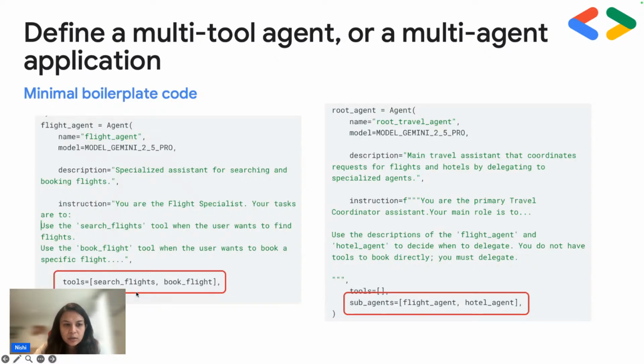Like you see, the tools is a list or array, or you can provide sub agents, right? So if you're providing sub agents, that will make your application a multi agent application.